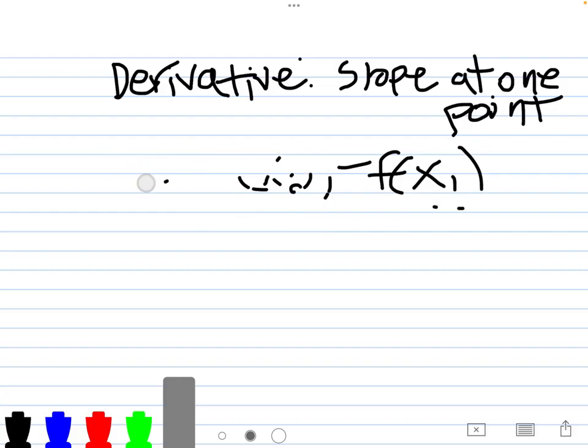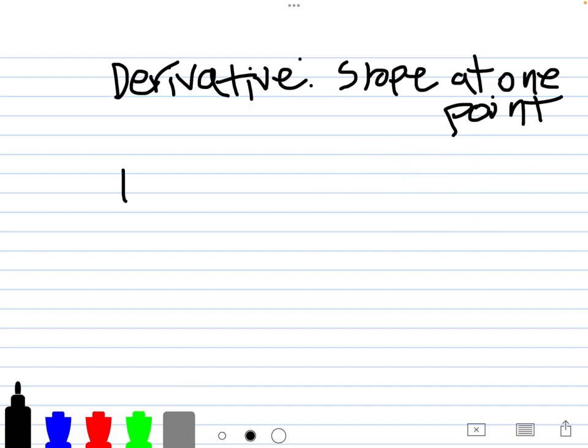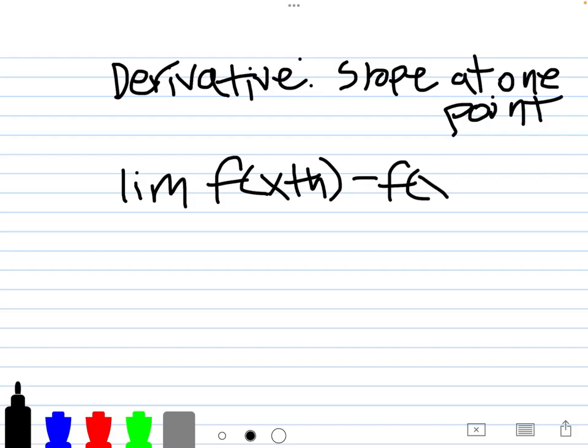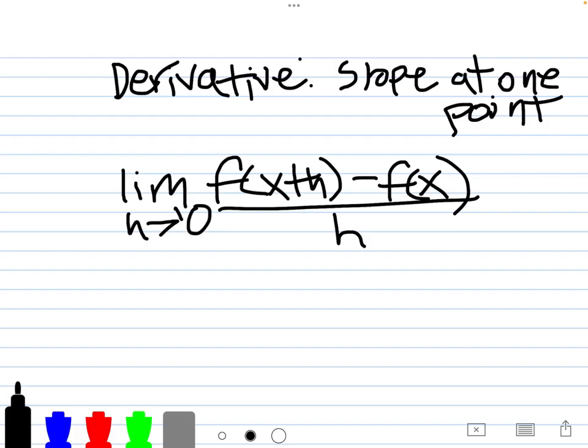The way we format this limit statement is by saying the limit of f of x plus h minus f of x, all over h, as h approaches 0. And by using some very clever substitutions, we can solve for this limit.